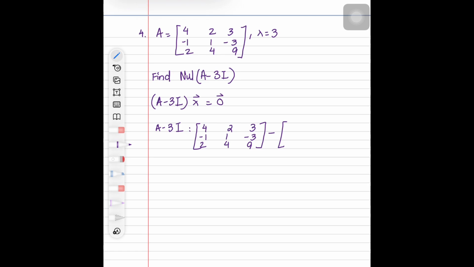Three times the identity matrix would just be 3, 0, 0. So 3 times 0, 0, 0. I hope this clarifies where we're getting this from. Since this right here is a 3 by 3 matrix, we use a 3 by 3 identity matrix. This is what determined what the size for the identity matrix would be.